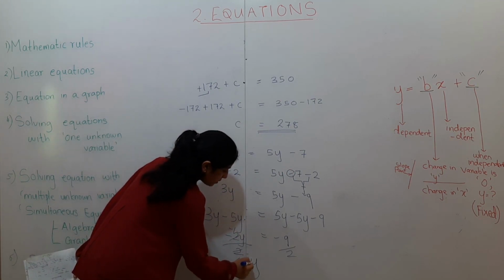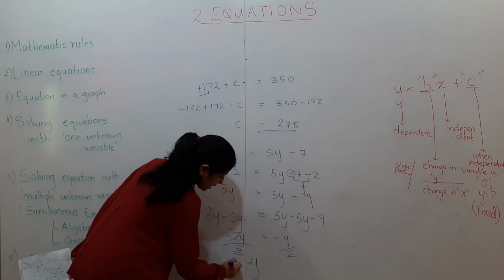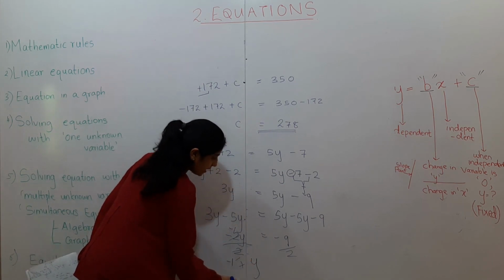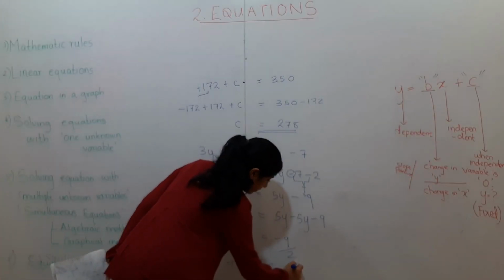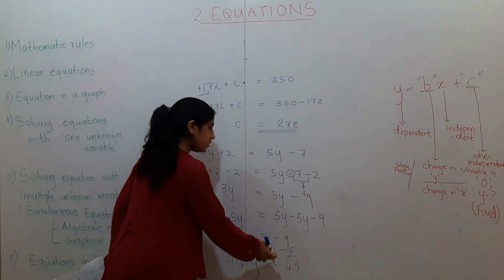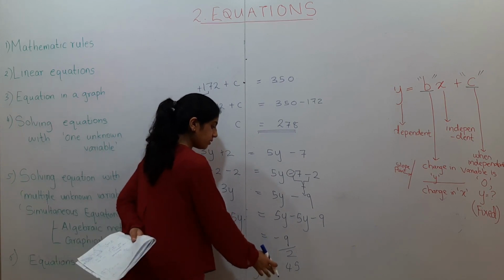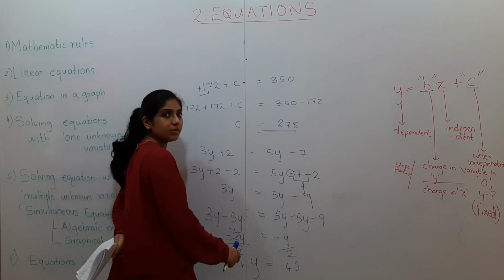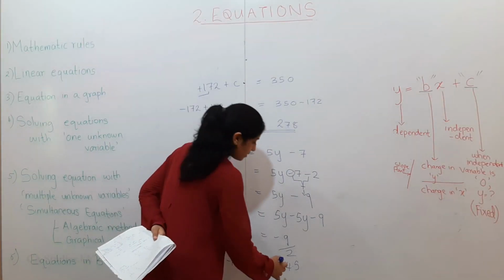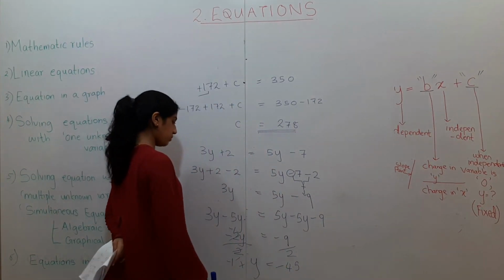So minus 1 multiplied by y is equal to minus y. Minus sign divided by a plus sign: the function is division, but the sign will be minus. So minus 4.5.